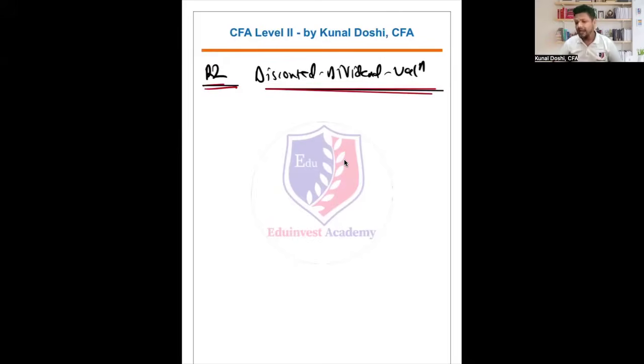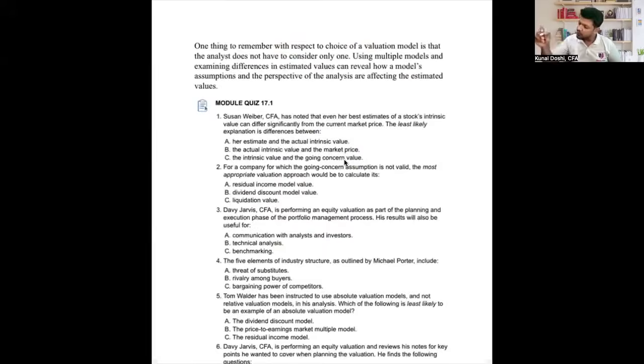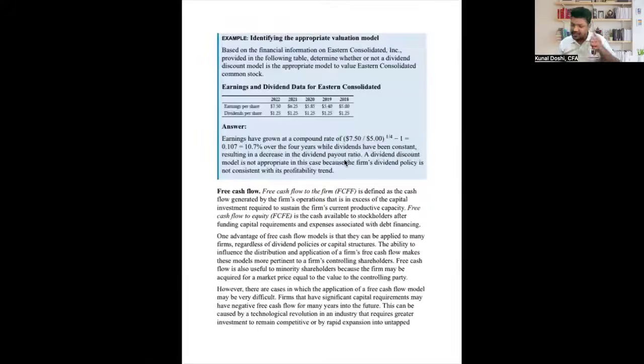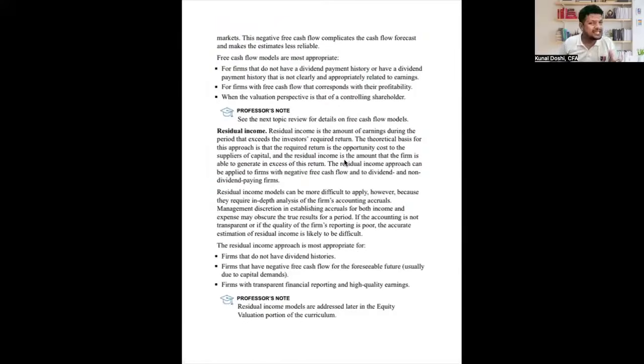Now, all of these formulas are interconnected. So let me go to the dividend valuation, dividend discount model. Initially, they have just introduced what a dividend discount approach is and what a free cash flow approach is, which we are going to see later also.